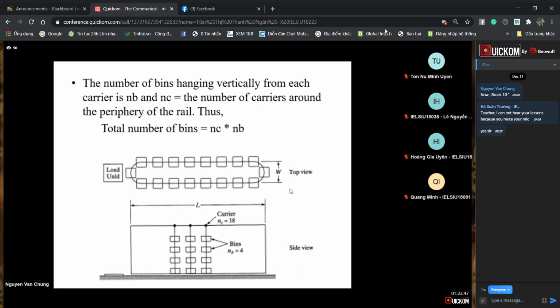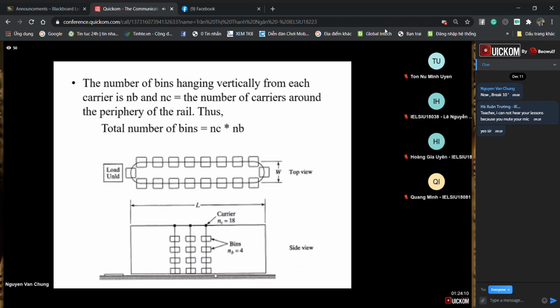Then you have the side view. Okay, this is the rail, and then you have the carrier. You have the bin, and the number of bins or the designs.